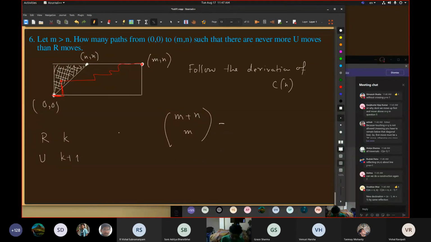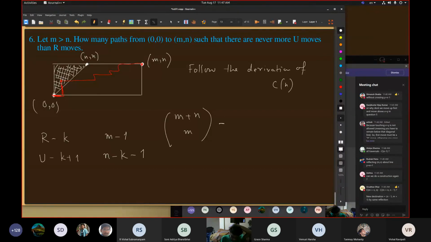Okay. So let's say this is the first time this thing happens. So how many right movements are remaining? M minus 1, right? And how many up movements are remaining? N minus k minus 1.